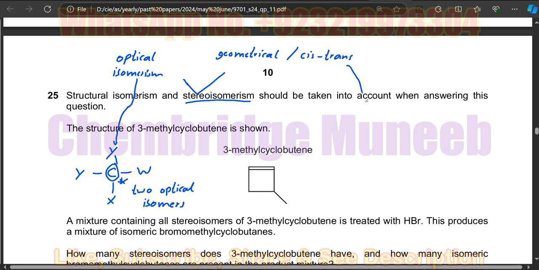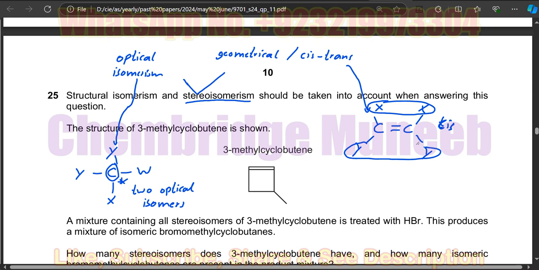And for cis-trans isomers, we should have a carbon-carbon double bond, and each carbon must be bonded with different atoms or groups of atoms. Like this X is different than Y, but there is also an X on the other carbon, which is bonded through the double bond.